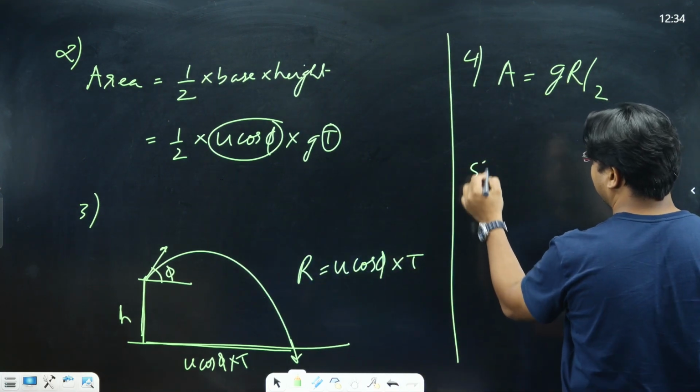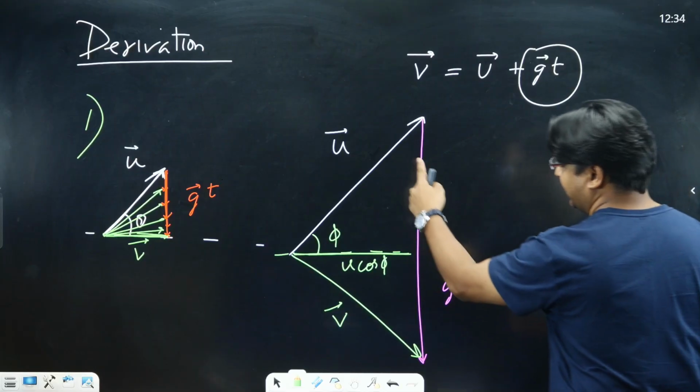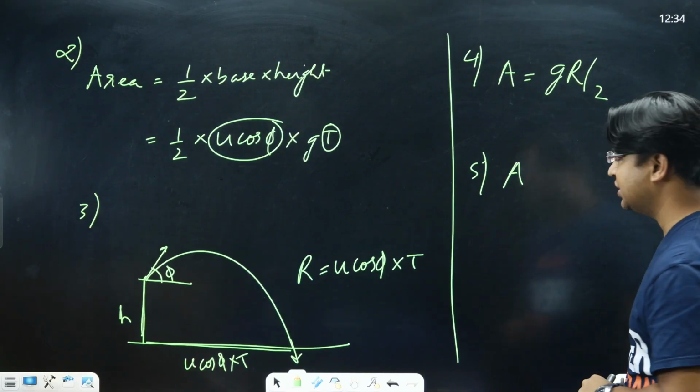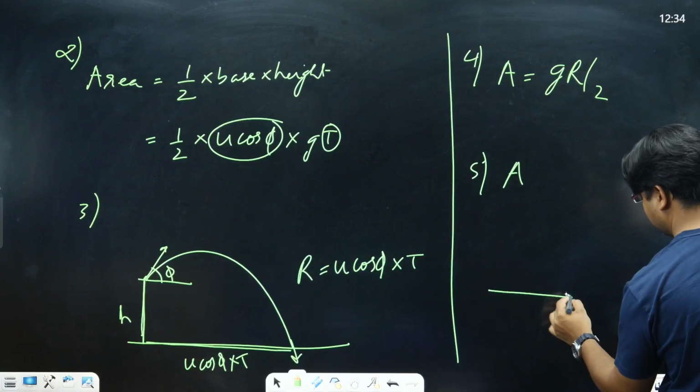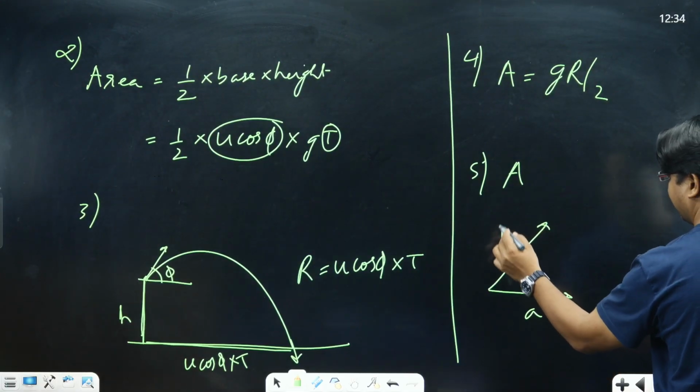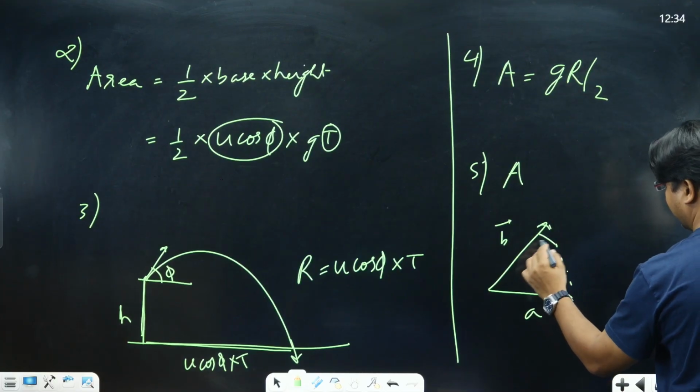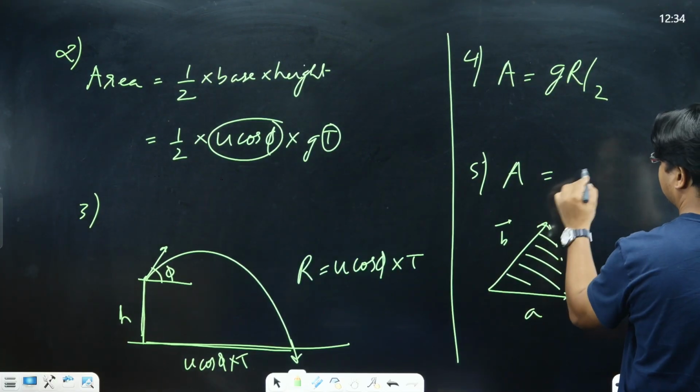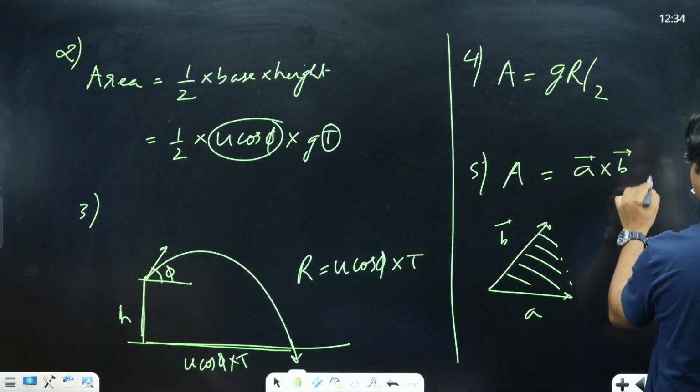Then my fifth key idea: the area of this triangle can also be written by using vectors. See, for any vectors, if this is an A vector and this is a B vector, then the area of the triangle formed by these vectors can be written as the magnitude of A cross B by 2.